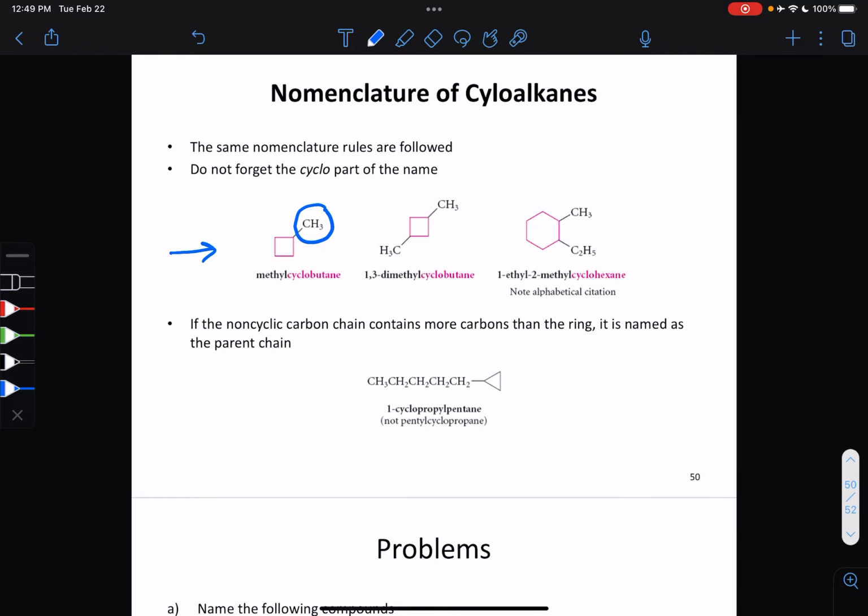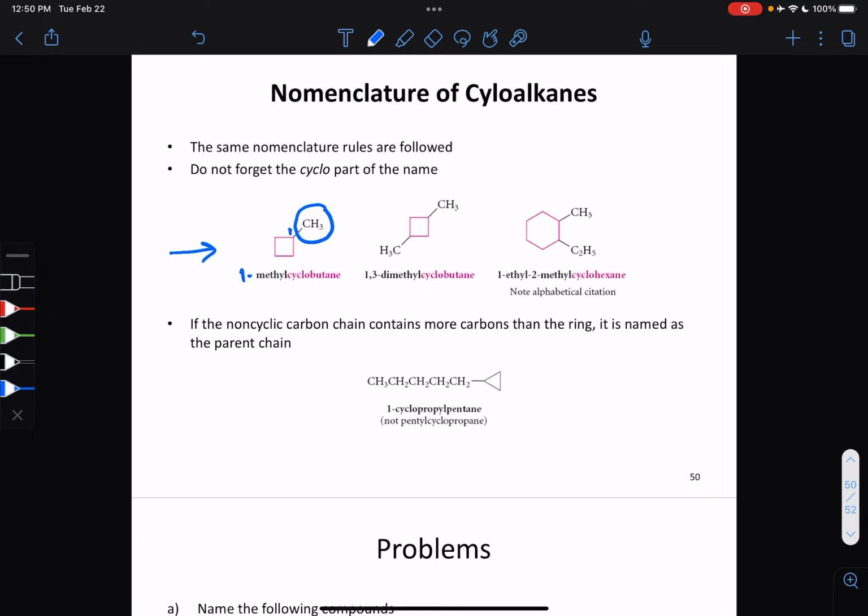Now what you might want to do is say 1 methyl cyclobutane, but that's not necessary, because wherever you draw that methyl, that's going to be the first carbon of the cyclic structure. So if you put methyl where it is right now, then carbon 1 would be here, and then you can go either left or down to have carbon number 2.